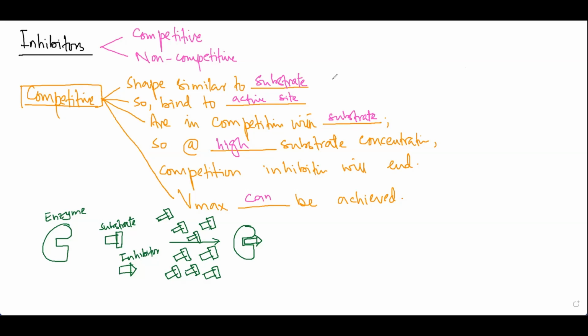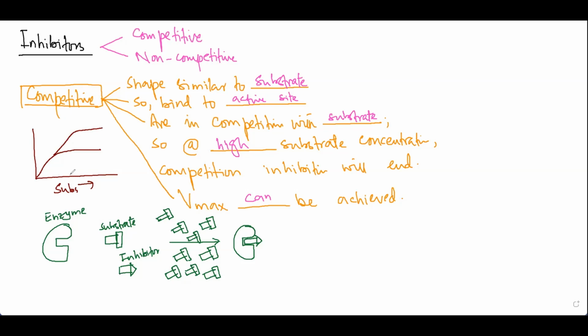Good. So next we do non-competitive. Okay, we can also make its graph. The competitive graph is like this: if you increase the substrate concentration, the rate goes up.